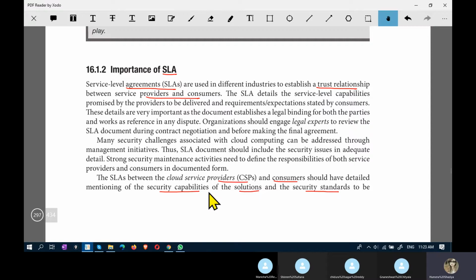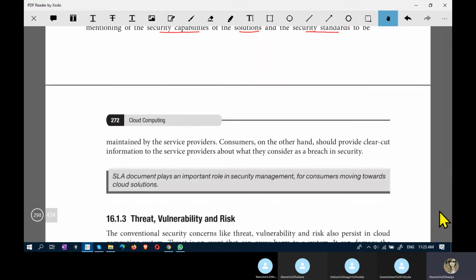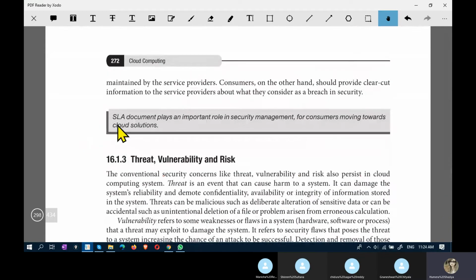If there is something which is not mentioned in the SLA, then it is not expected, not provided. But something which is mentioned must be provided and is expected. Therefore, the SLA document plays a very vital role in security management for consumers who are willing to move to cloud.